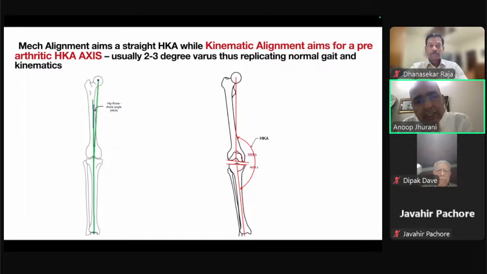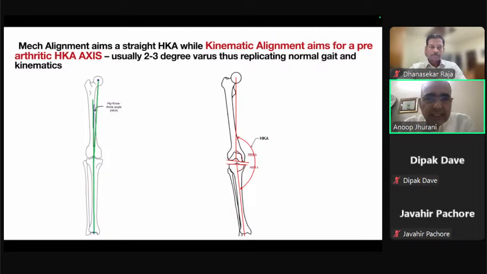But first things first: the green line in the next few slides is the mechanical, and the red line diagram is for kinematic. Mechanical alignment, as you all know, is a coronal plane alignment principle. We don't discuss much about the sagittal plane in mechanical alignment.